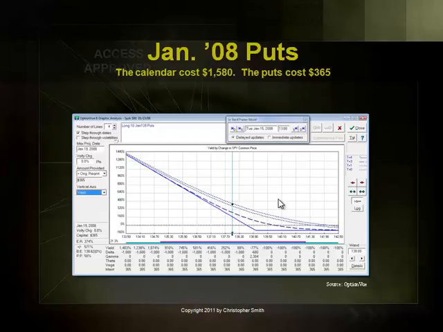So that's why we call them insurance. When you buy insurance, you expect never to use the policy. You expect your policy to expire worthless, providing you no benefit other than peace of mind. Same thing with these types of put purchases. You expect them to expire worthless, never giving you any benefit other than the peace of mind that if the market does sell off, you've got some protection there.